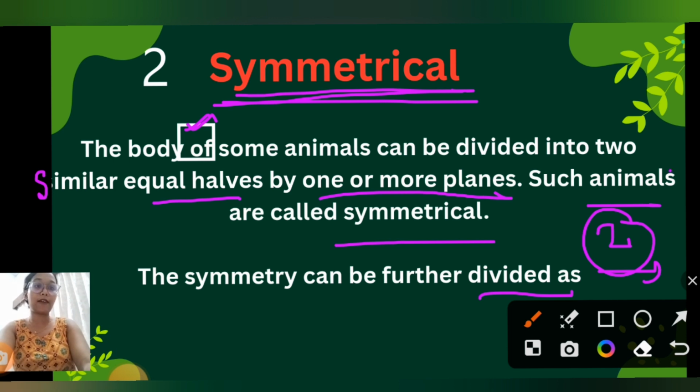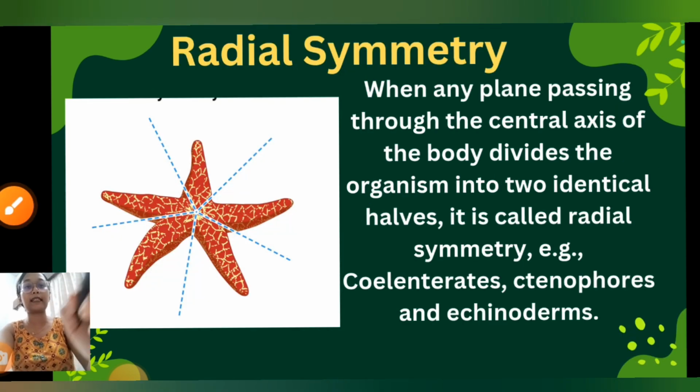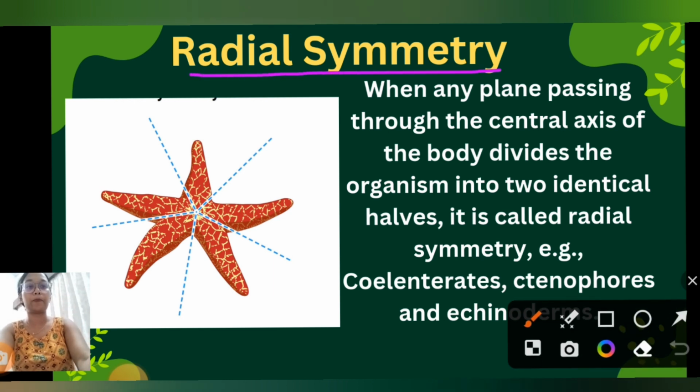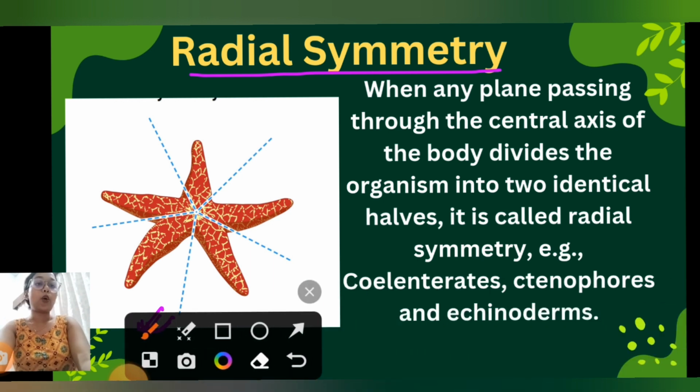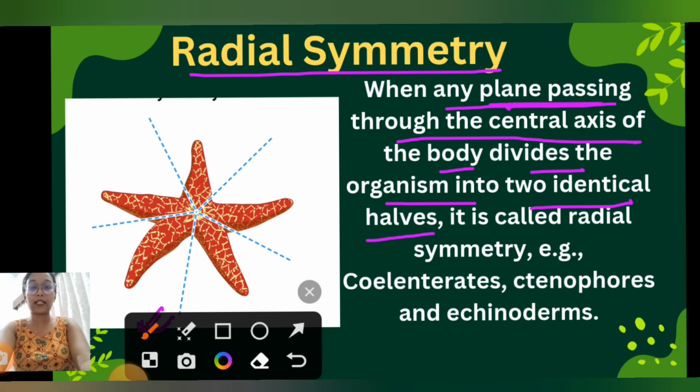The first type we will talk about in the next slide, that is radially symmetrical. You can see in the picture the starfish has been divided along many different planes and you are getting equal halves. Here it is saying, when any plane passing through the central axis of the body divides the organism into two identical halves, then it is called radially symmetrical.